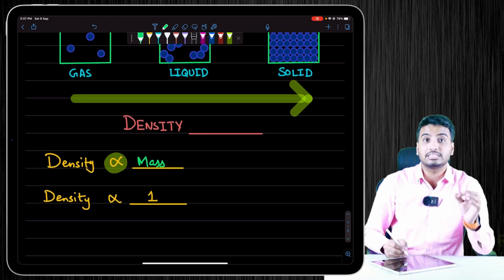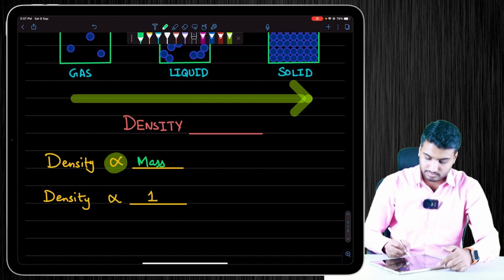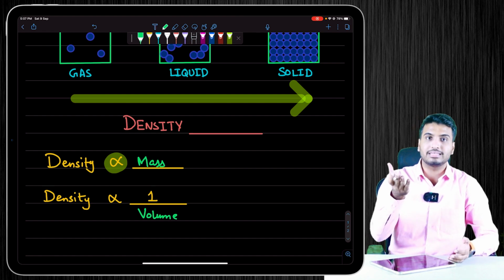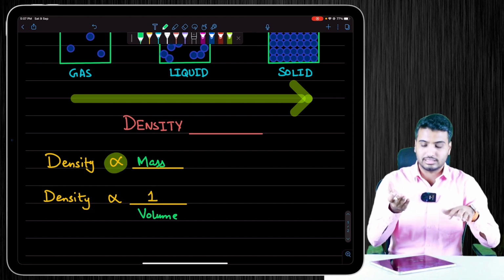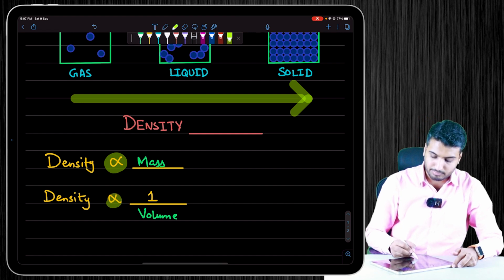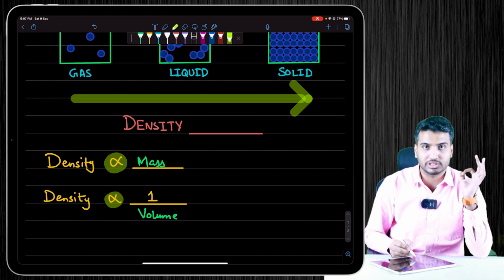And it is inversely proportional to the volume, which means if volume increases, density decreases.